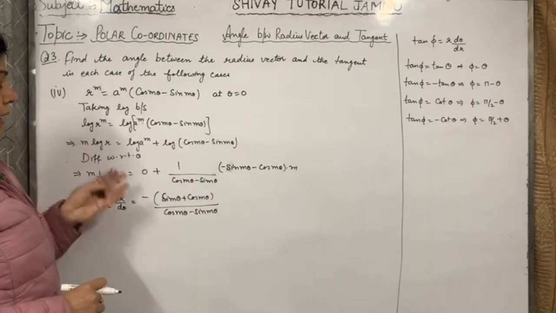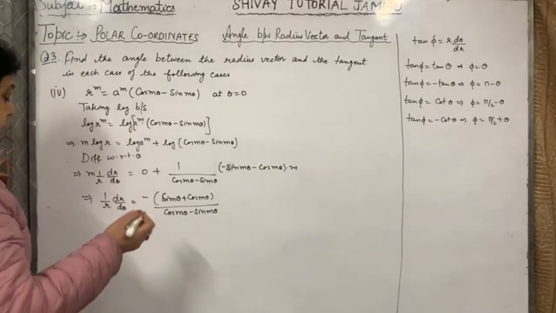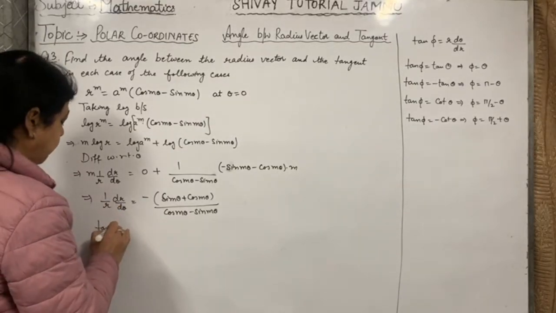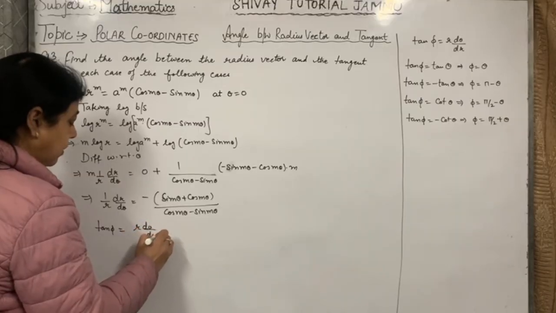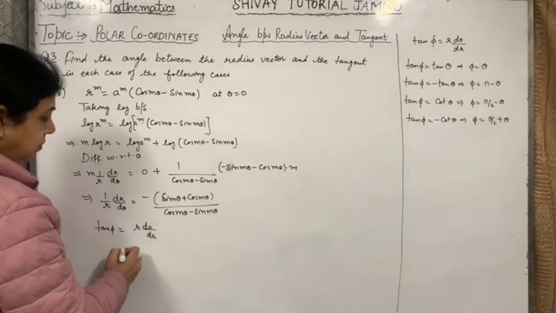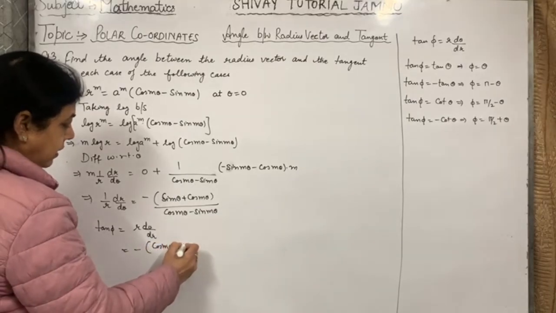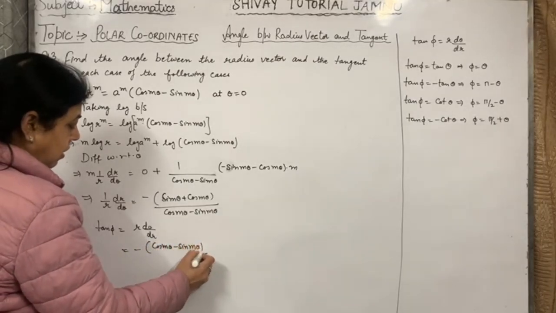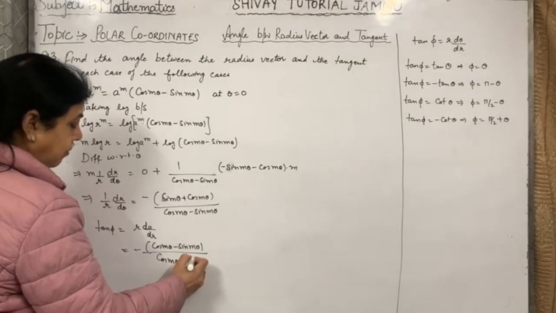Now, when you divide by cos theta, you can convert it into the formula of tan theta. Firstly, we will find tan phi, that is r d theta by dr. What is the reciprocal of this term? You will get cos m theta minus sin m theta upon cos m theta plus sin m theta.